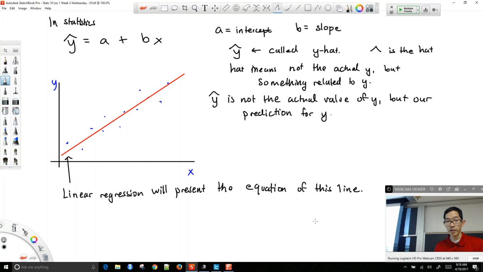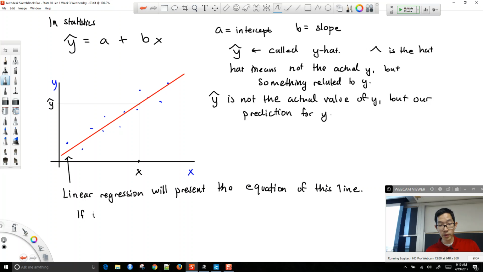And the idea here is that if we're given a particular value of x, we just plug it into the equation of the line. The line puts us right here, and this is our prediction for y. Okay, so we say, oh, okay, right here, we go right there, we come over here, and then this is my prediction for y. So right here, this is y hat.